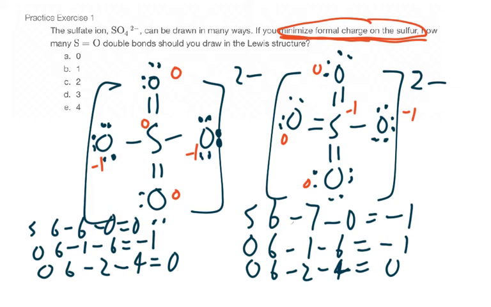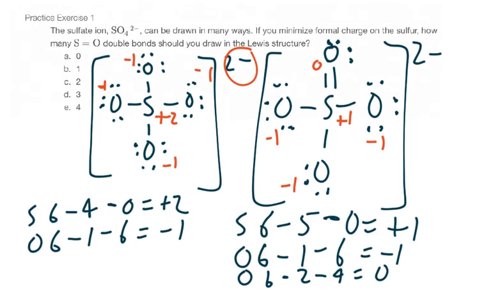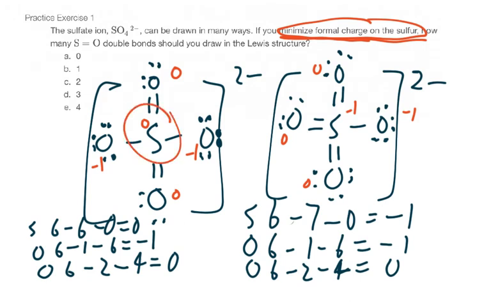Okay, the question is asking how would we minimize the formal charge on the sulfur, meaning what would get it closest to 0. Well, we actually have a structure. Remember the first 2 structures, it was a +2 here. Then we went to a +1 here. It was this structure where we minimized the sulfur.